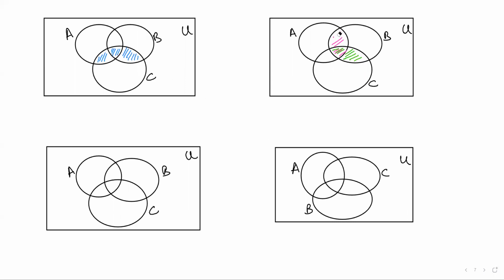In this part, if you can observe, you have A intersection C and B intersection C. Now let's do it with the distributive property, but in the reverse fashion.